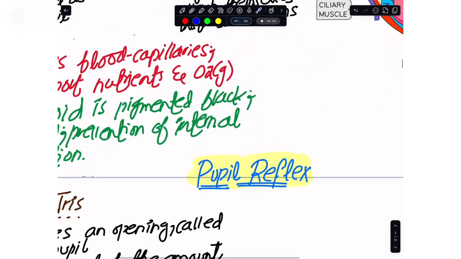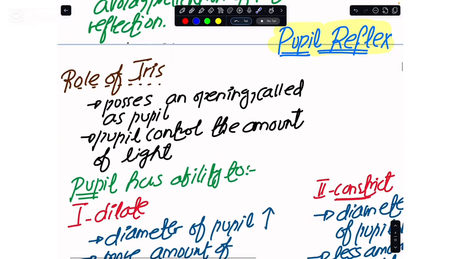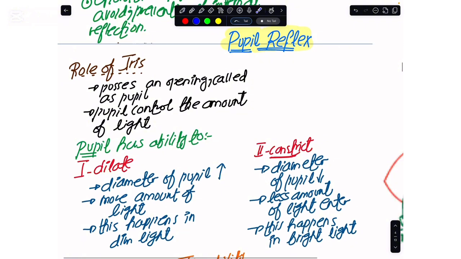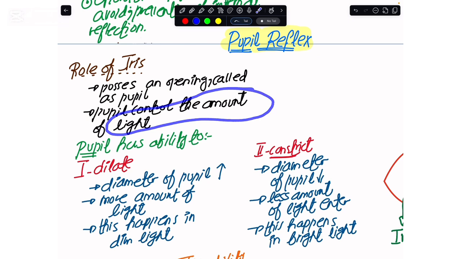If I talk about the role of the iris, the situation is very simple now: it controls the amount of light that passes through an opening in it, and that opening is the pupil.